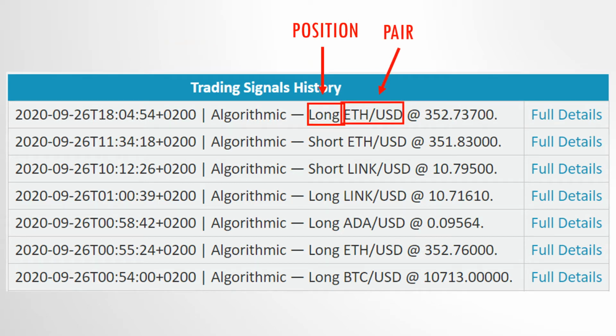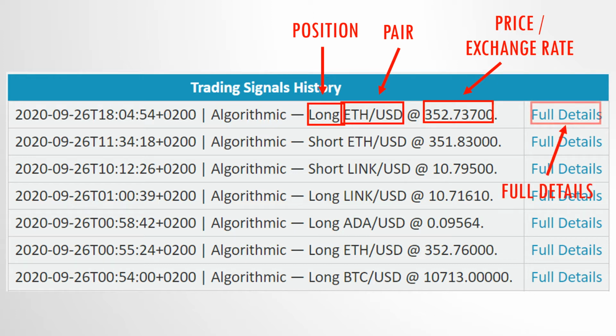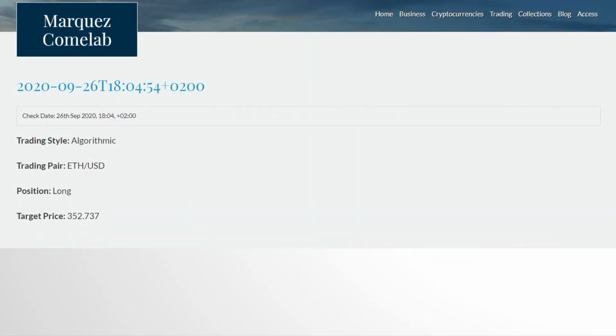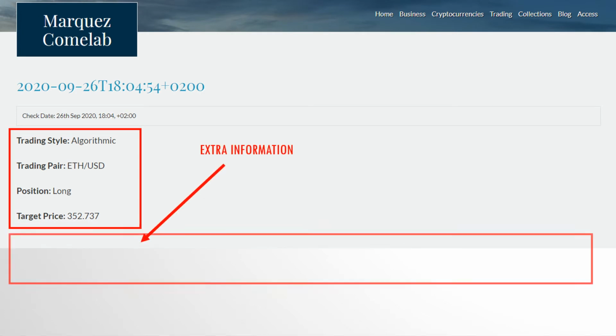We are going long on Ethereum over the US dollar at a price of 352.73700 US dollars. Price or exchange rate, really. And if you want to view the full details, you can click there, and if you click it most of the time, it will show you the same information, but if there's any extra information I do happen to provide, it will appear here.